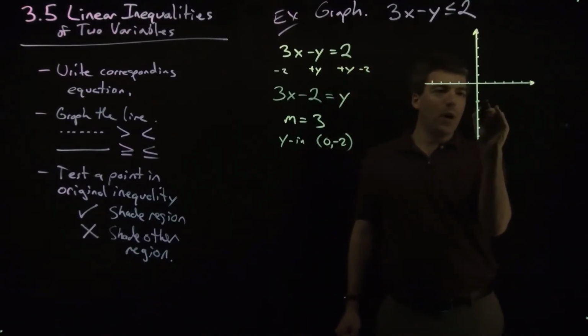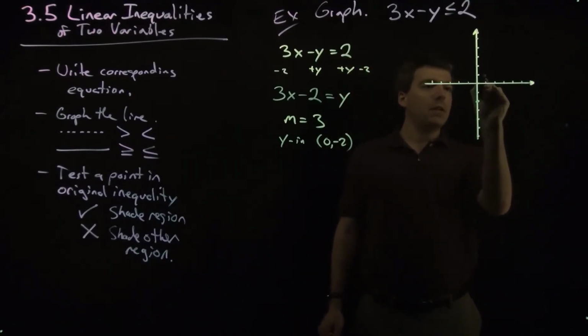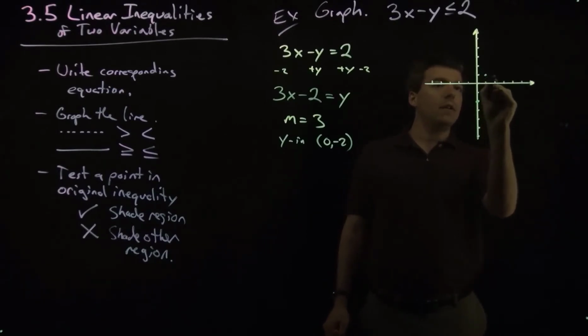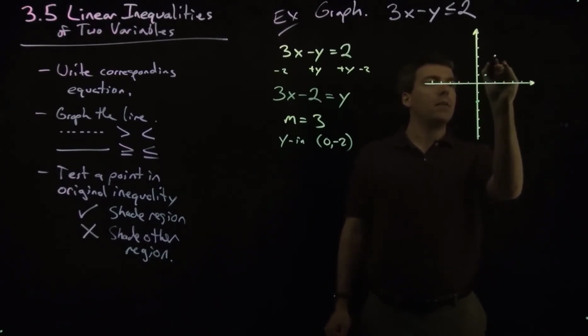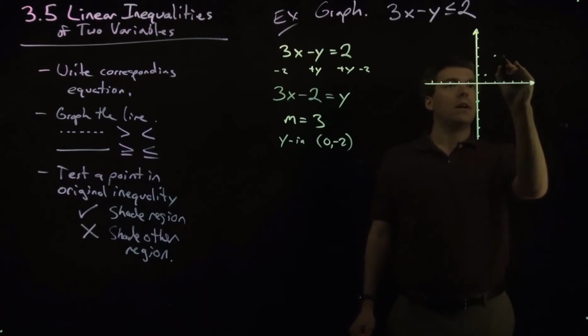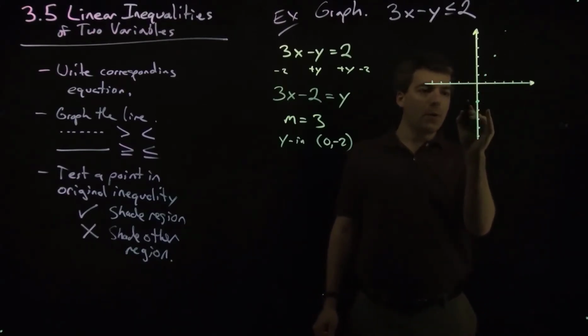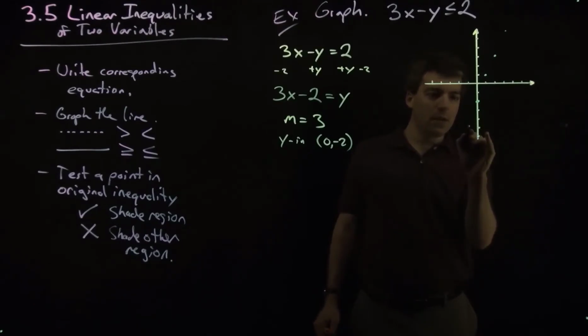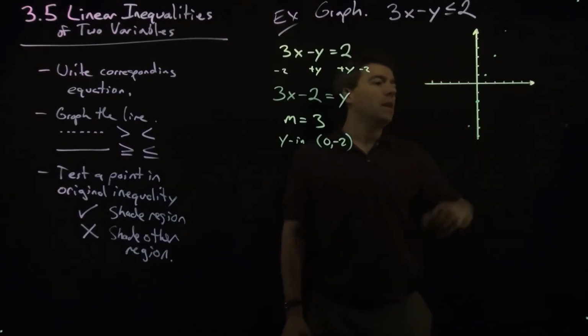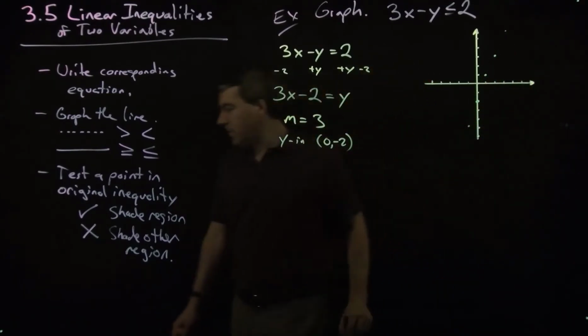So if we run 1, we'll go up 3. Run 1, up 3. Run 1, up 3. If we go back 1, we go down 3. 1, 2, 3. Okay, and now we connect these with a straight line.